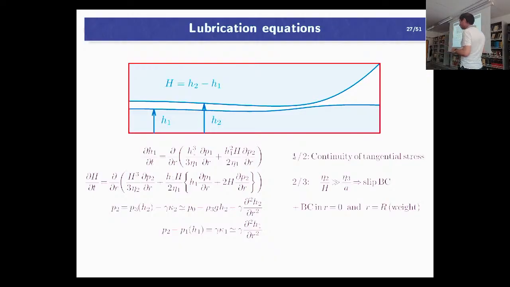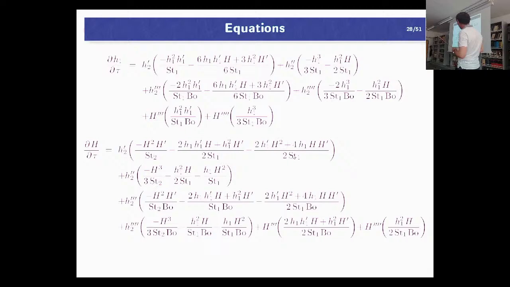And to show you, as Pierre-Yves asked, why it is so difficult to solve this equation: if you develop the terms, here is what you obtain. It could be simple, it's just a large number of terms, but the difficulty comes from the fact that there are high-order derivatives. For instance, here you've got a fourth-order derivative in space.